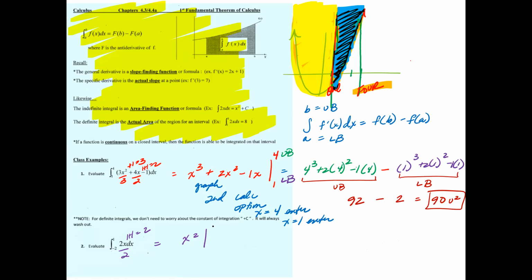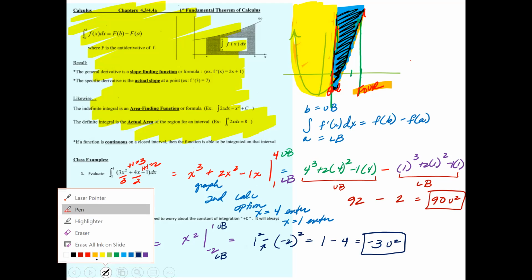And we're going to evaluate this from -2 to 1. So when I go ahead and plug in the upper bound, I have 1 squared minus, plug in the lower bound, -2 squared, which is just going to give me 1. -2 times -2 is a 4, but don't forget the minus sign because a lot of people will do that. And that's going to give me a -3 units squared.